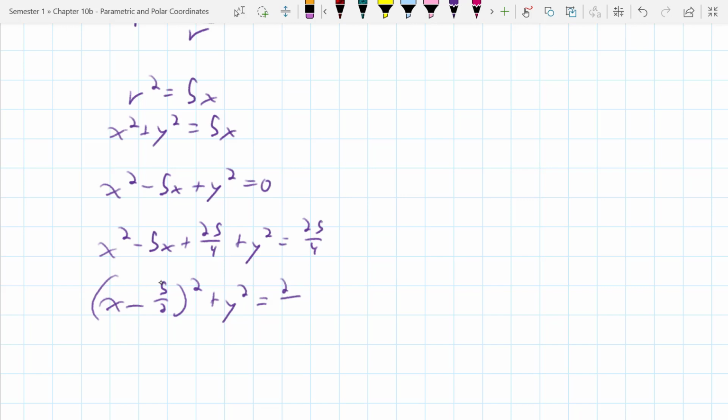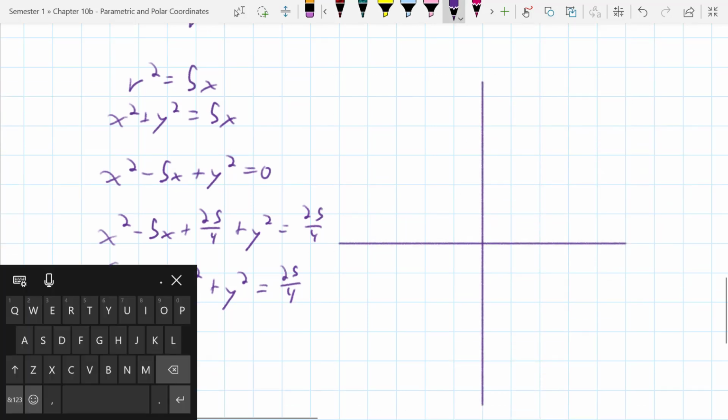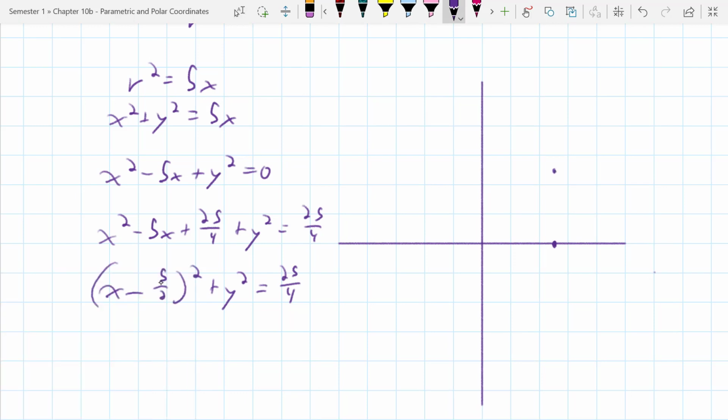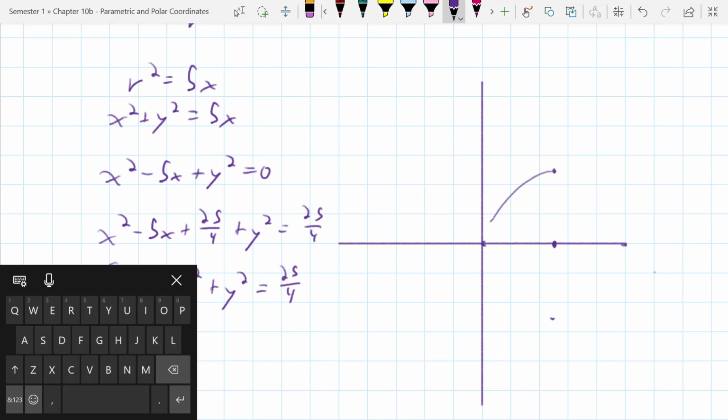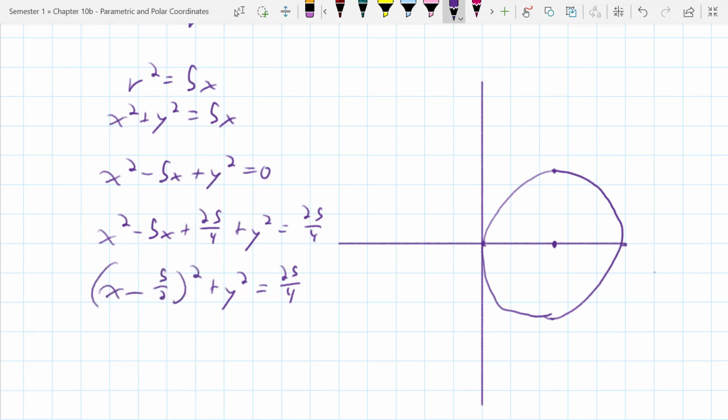And this is just a circle with a center at 5 halves, comma 0. So 5 halves is 2.5, and then my radius is also 2.5, so I go up 2.5, left 2.5, down 2.5, right 2.5, and just kind of sketch this circle. That was bad, but you get the idea.